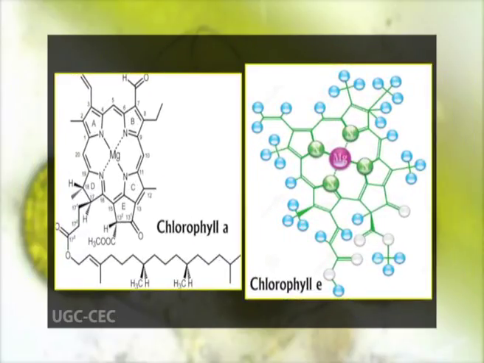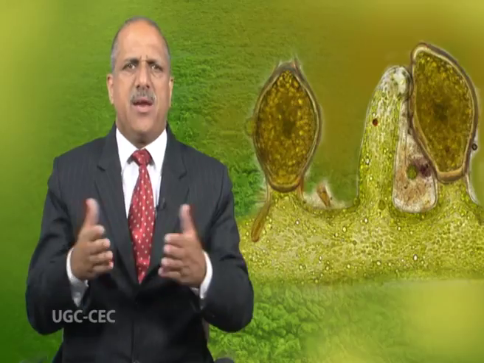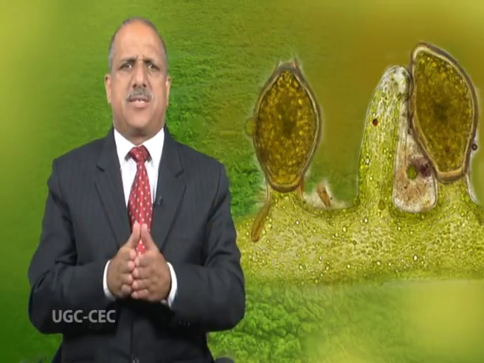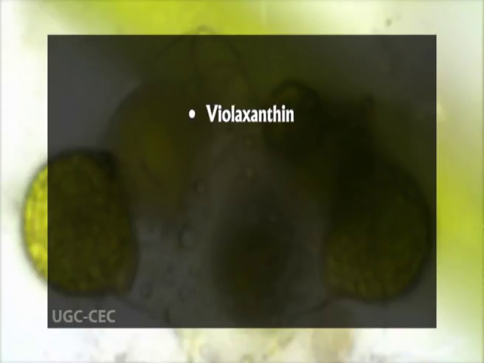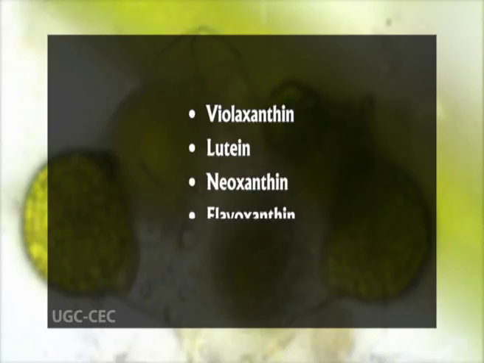The photosynthetic pigments include chlorophyll A and chlorophyll E. In addition to chlorophyll, there is carotene and xanthophylls. The chief xanthophyll present is diadinoxanthin. The other xanthophylls are violaxanthin, lutein, neoxanthin, flavoxanthin and vaucheriaxanthin.